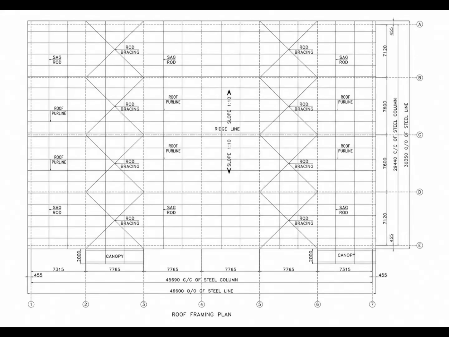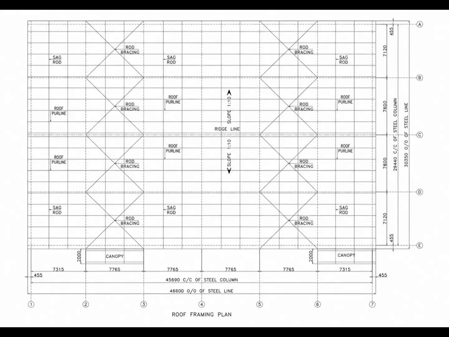In the previous side wall elevation, the sag rod was seen within the vertical wall framing arrangement. Here, because we are looking from above, the same type of member is represented within the roof framing layout. This is an important drawing reading skill.